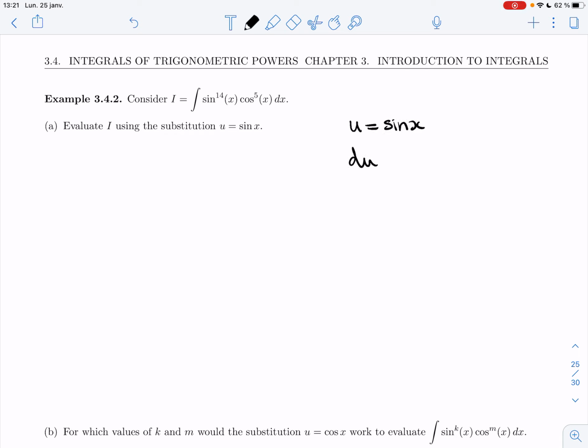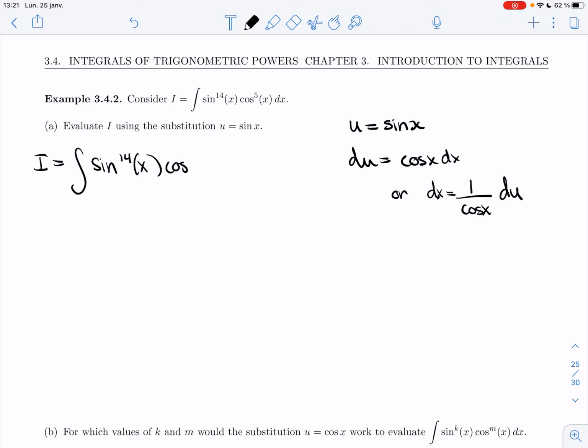So du equals cos of x dx, or dx equals 1 over cos of x du. So the integral is sine to the 14 cosine to the 5 times 1 over cos of x du. This cos will cancel and I'll end up with cosine to the 4.